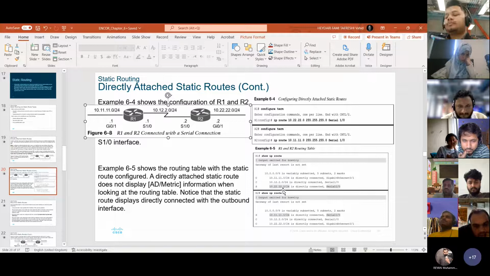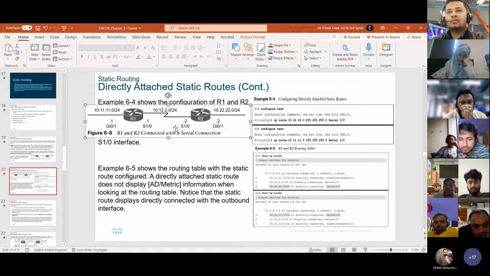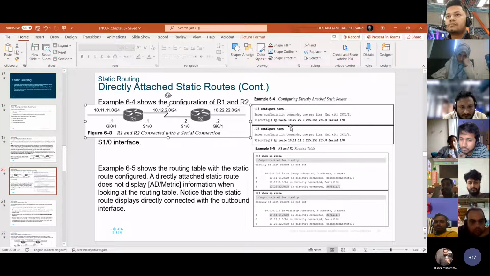So 10.22.22 is accessible through serial 1/0. This is the outgoing interface. So this router from now on is able to ping this network. Previously, without this static route command, you were unable to ping from R1 to any IP address within 10.22.22.0/24.